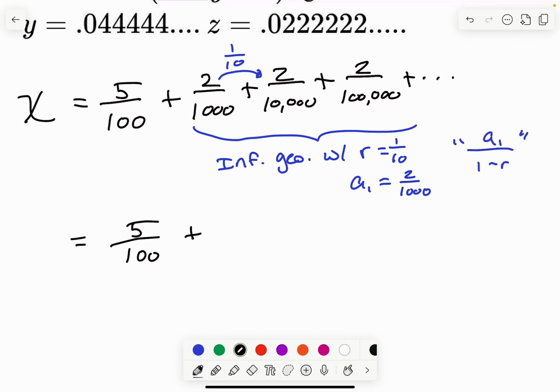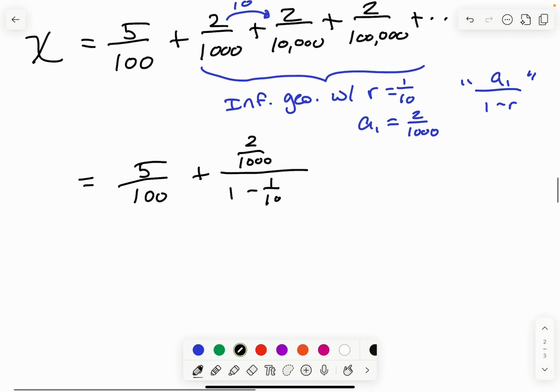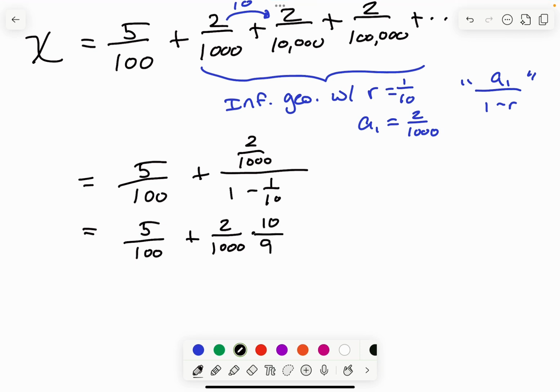So I get 2/1000 divided by 1 minus the common ratio, which is 1 minus 1/10. Okay, and so this becomes 5/100 plus 2/1000, and the bottom becomes 9/10, so I'll multiply it by 10/9. So multiply by the reciprocal there, and that creates a 100.